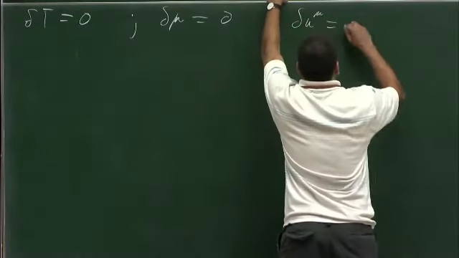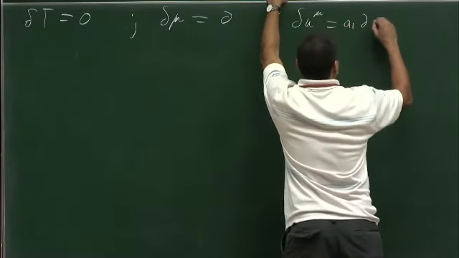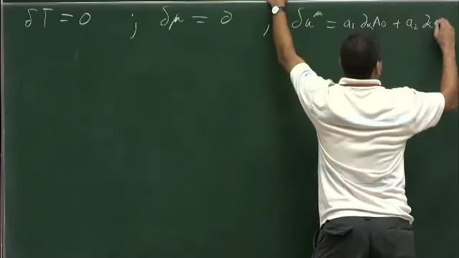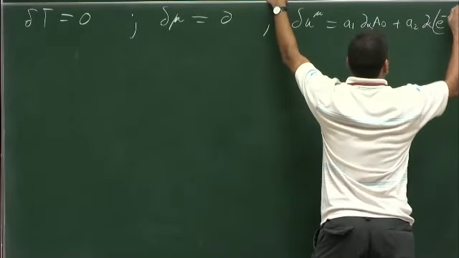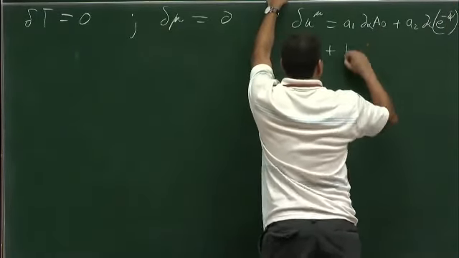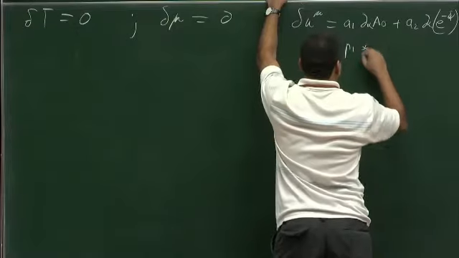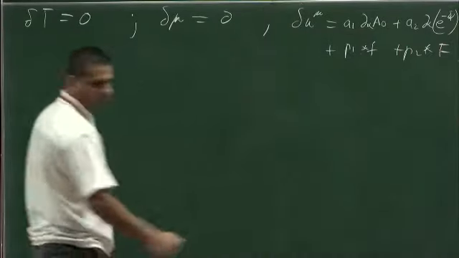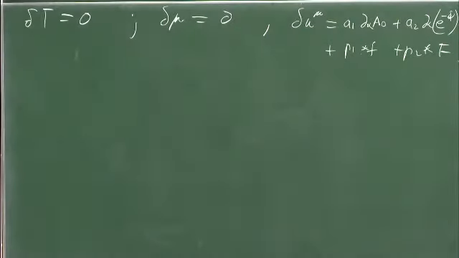Let's say a1 times del alpha a0 plus a2 times del alpha e to the power minus phi plus p1 times star f plus p2 times star f.